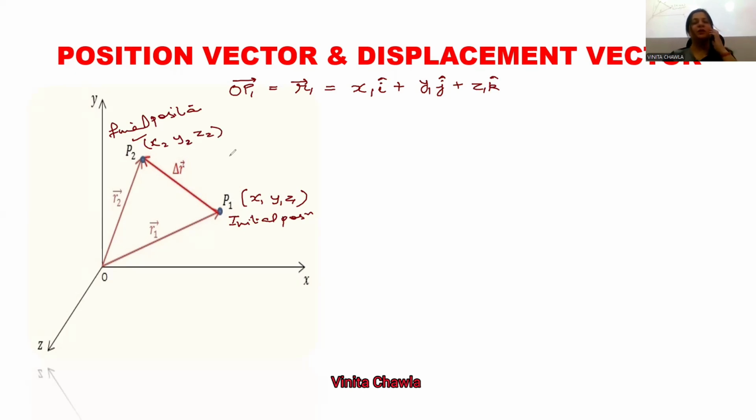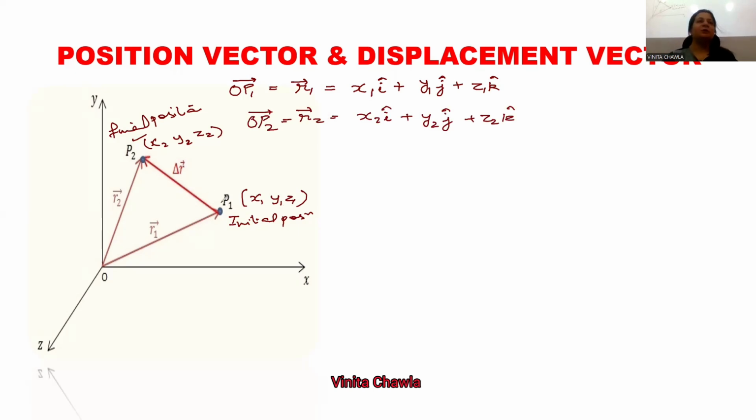So these coordinates represent the final position of the object. So we can write again the position vector OP2 as vector R2, and this is equal to x2 i cap plus y2 j cap plus z2 k cap. Okay, the initial position and the final position are done, so we have written the position vectors.